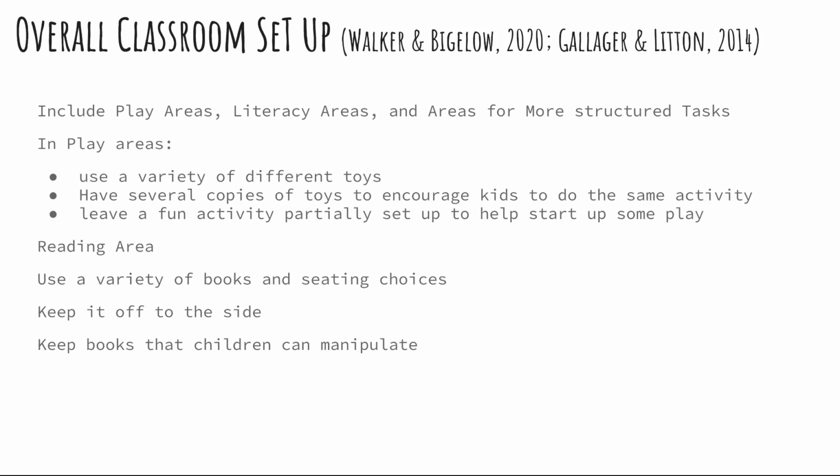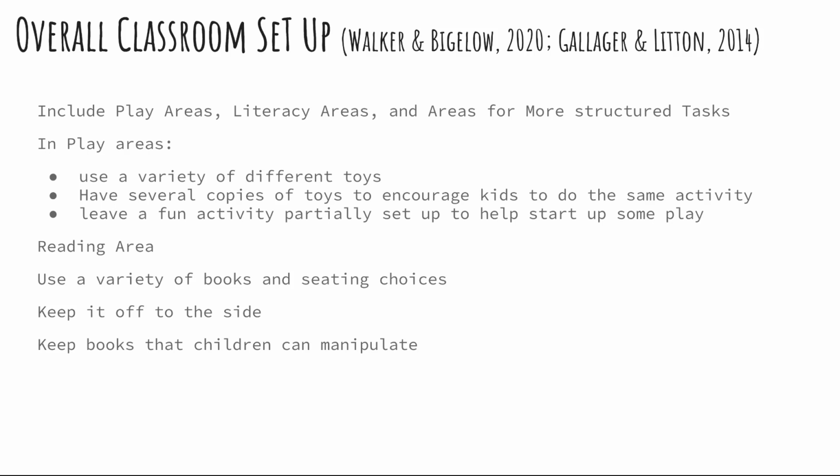You also want your reading area kind of off to the side, out of the main hustle and bustle of the classroom. As you can imagine, in that classroom that had the drummers in it, it would be very hard to try to read a book in that drumming situation. So you want it a little bit quiet, a little bit private, so you can kind of focus and play with the books. And then you want books that kids can manipulate, play with, touch.